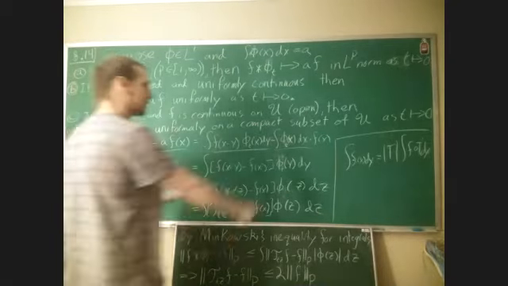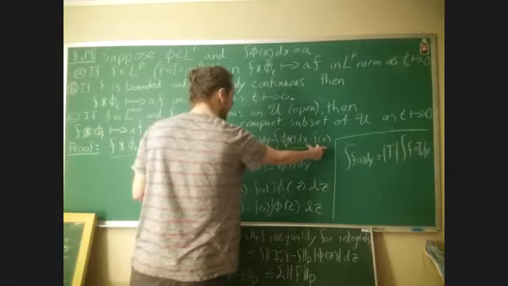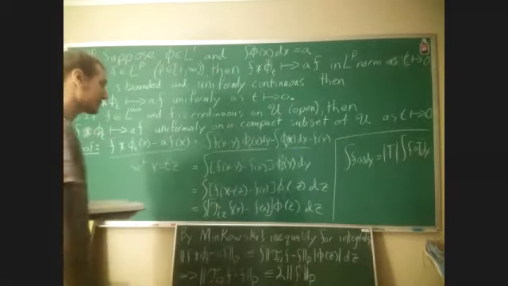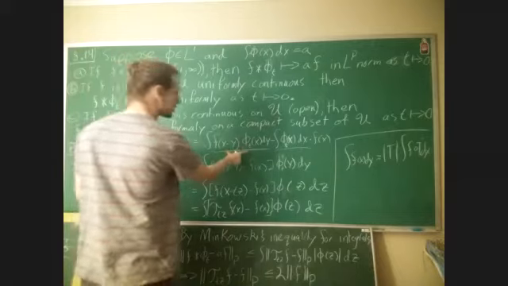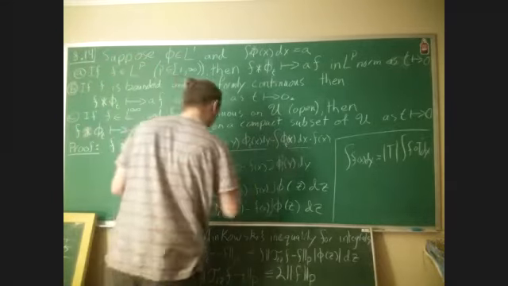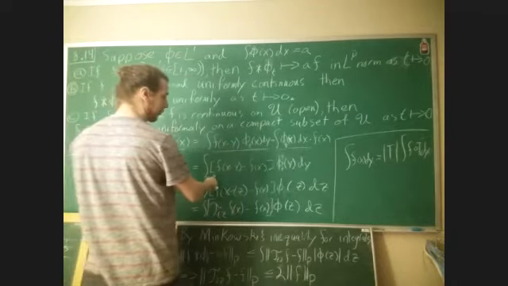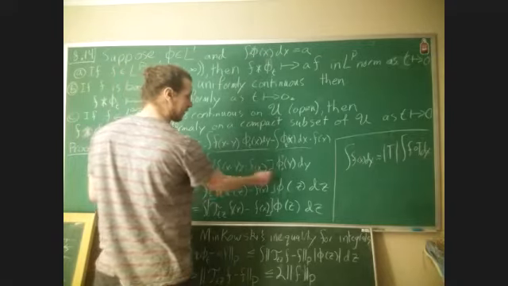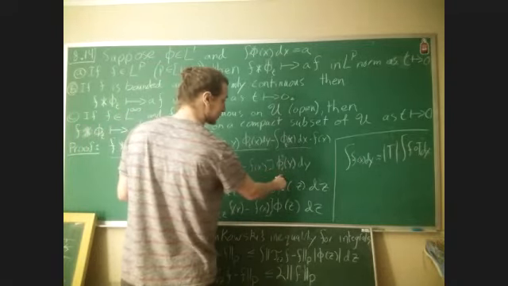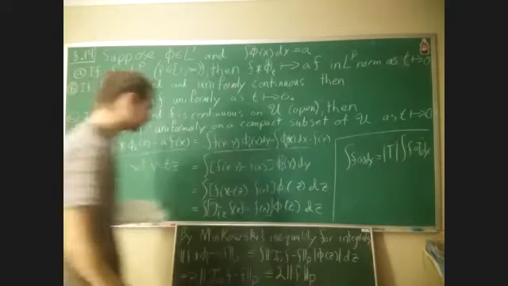So what we have is that times f of x, but both of these are with respect to the x variable, whereas this integration is with respect to y. So we can pass that through, and we end up with f of x minus y minus f of x times this phi sub t of y dy.